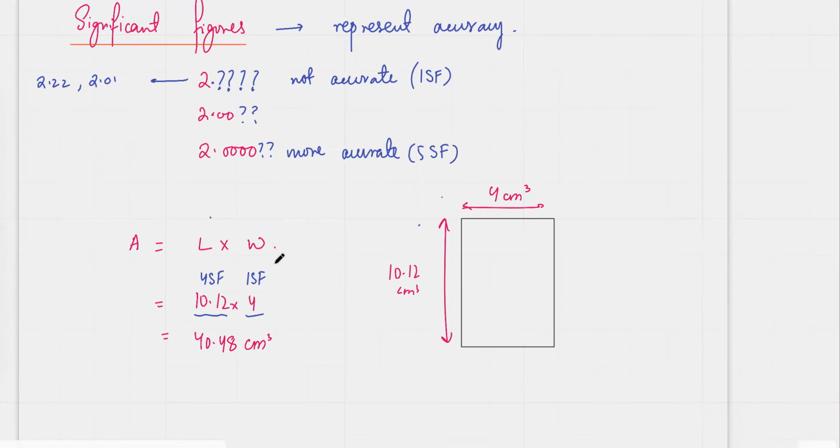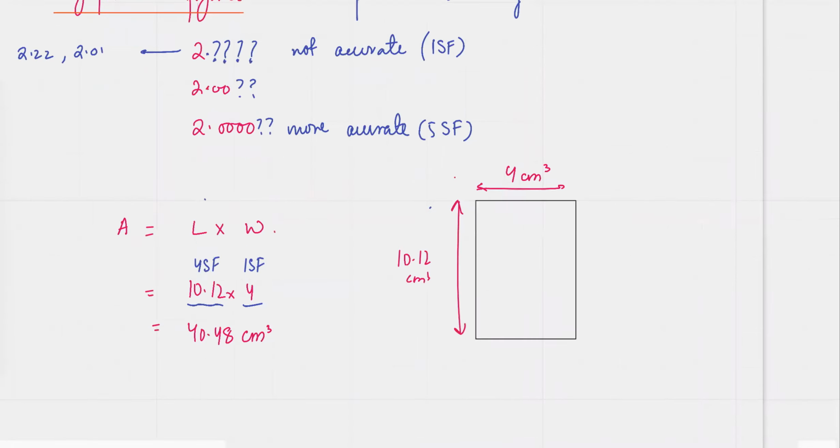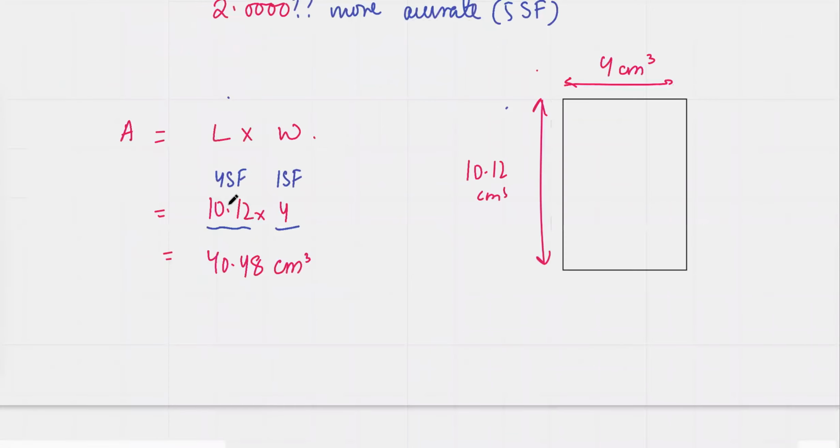Now listen to this point very carefully. A lot of times you'll face this problem, and that is that one value would be more accurate, and the value that's coming from the other device is less accurate. So how accurate is your answer now? The problem is you're not sure what's coming after 4. You just know the first significant figure.